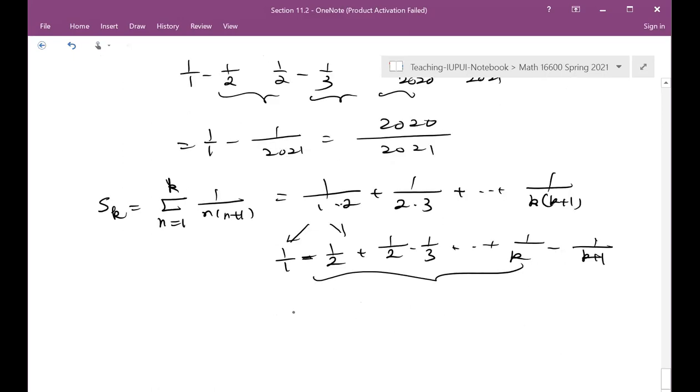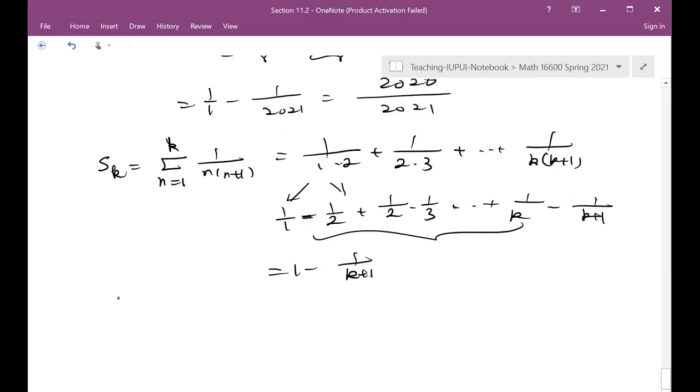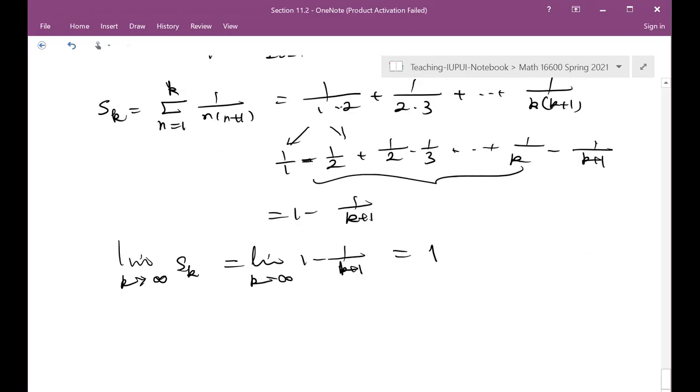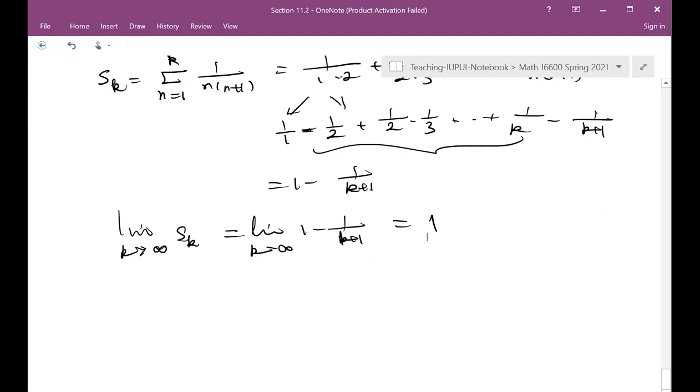So the only terms left are 1 over 1 minus 1 over k plus 1. And clearly the limit is going to be 1, right? So that answer is 1. In other words, the sum of the infinite terms is 1.